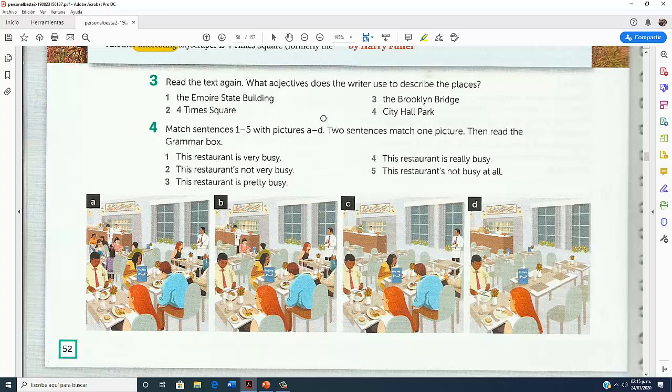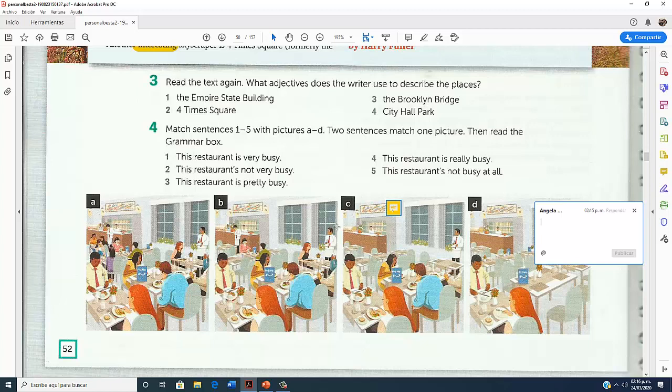Number 1, this restaurant is very busy. Then we have number 2, this restaurant's not very busy. Busy refers to the number of people in the restaurant. This restaurant's pretty busy. This restaurant's really busy.